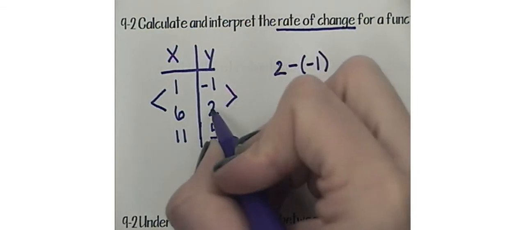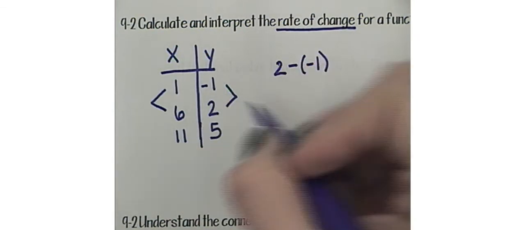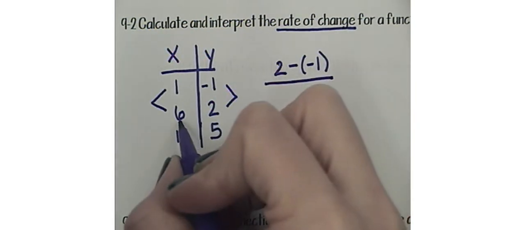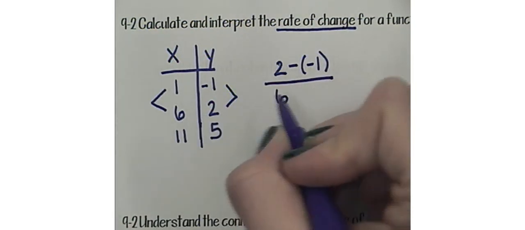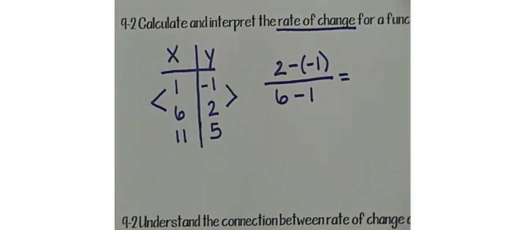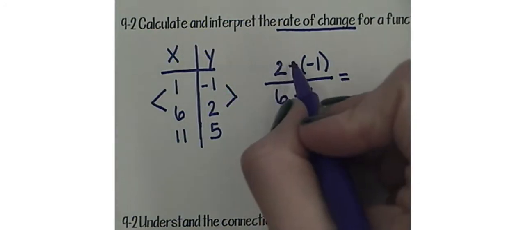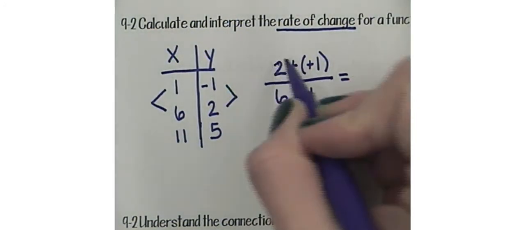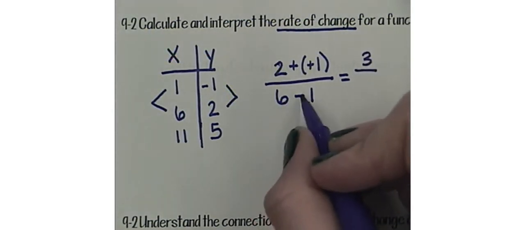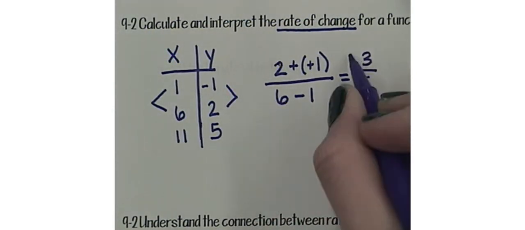I chose the second y minus the first y, divided by the second x, which is 6, minus the first x, which is 1. So 2 negatives here make a positive, so 2 plus 1 is 3. 6 minus 1 is 5.